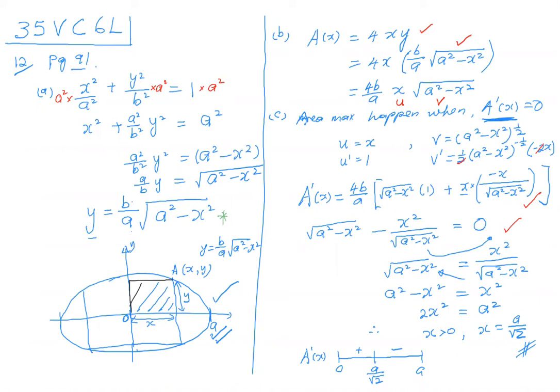So part C done. For part D, the area of the ellipse is pi times a b. What percentage of the ground is occupied by the seats in this situation? So now, when x equals a over root 2, we have to find the area.